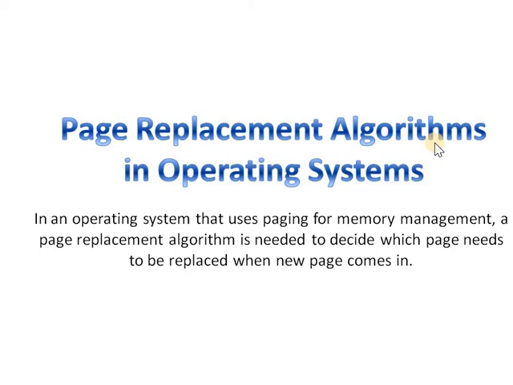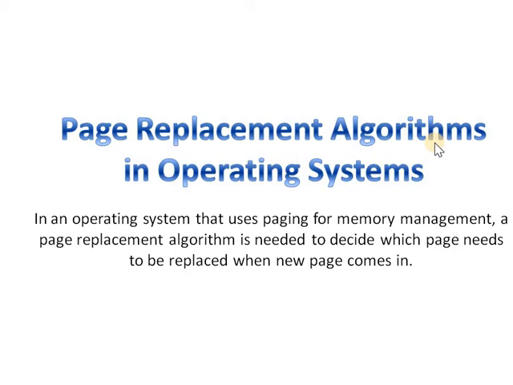There are many different page replacement algorithms. These algorithms are evaluated by running them on a particular string of memory references, which we call a reference string, and computing the number of page faults. According to the page faults, we determine the quality of the page replacement algorithm.